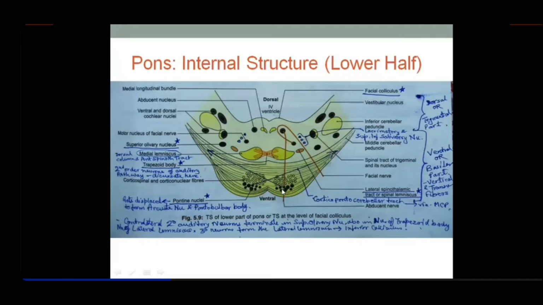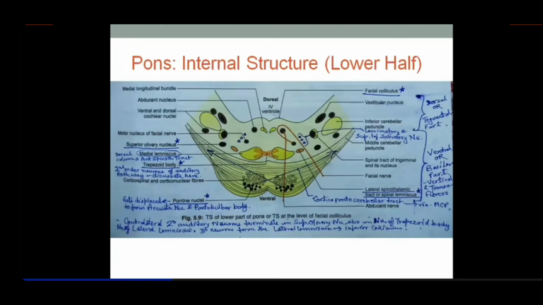These pontine nuclei are placed ventralmost, even ventral to the corticospinal tracts, which are the descending pyramidal tracts. But the pontine nuclei are more ventrally placed.